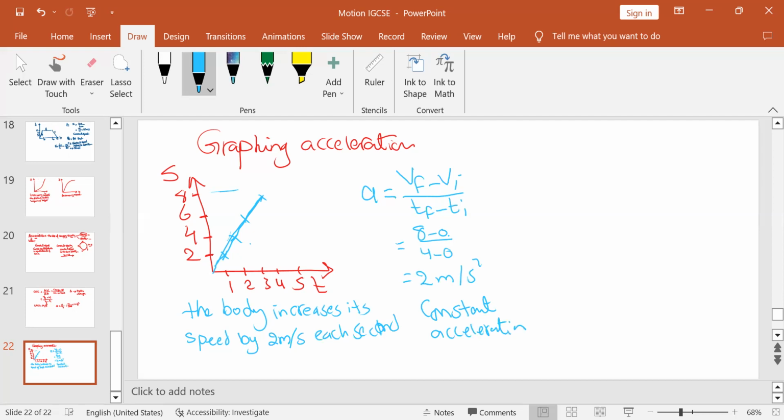So can we represent this graph on an acceleration time graph? Can we represent this motion on an acceleration time graph? Yes. How can we draw it? In a straight line, not like a slope.